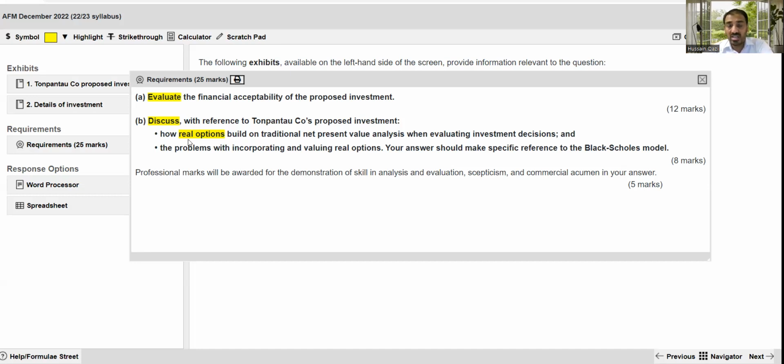But here the examiner examined the question of real options with no BSOP calculator. That means the question of BSOP or real options here is only related to theory.